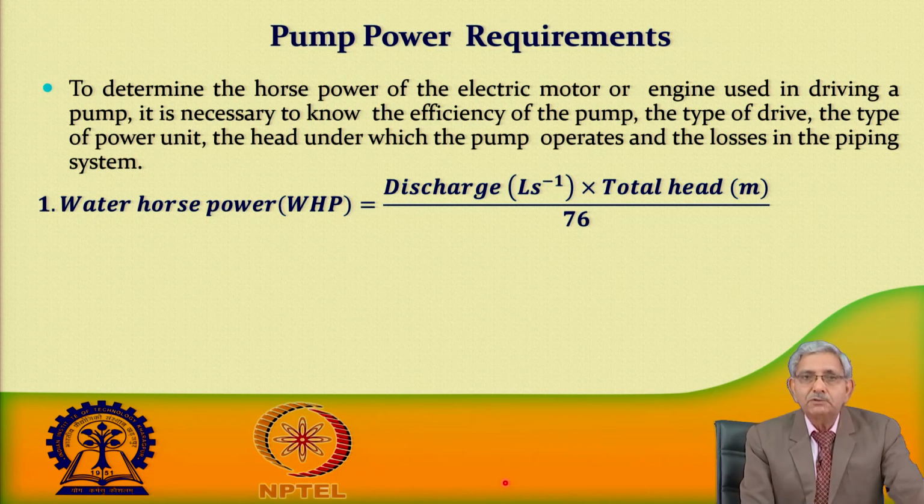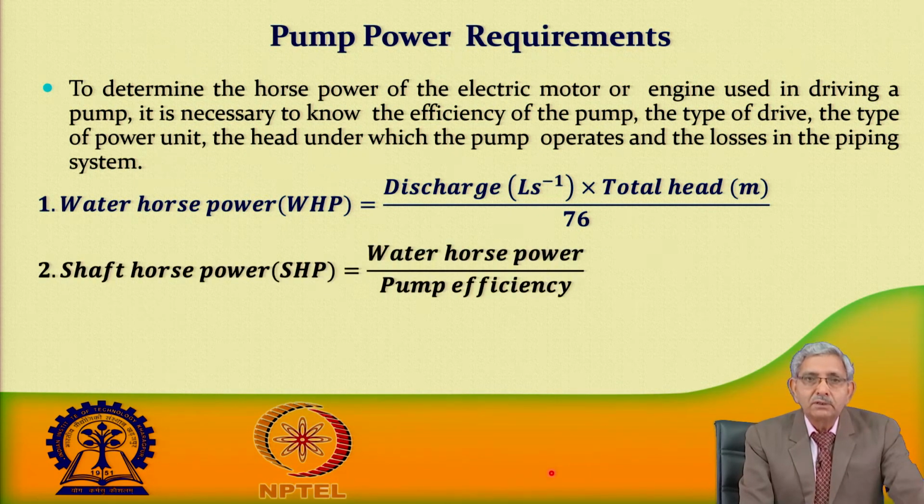Water horsepower of a pump is given by discharge in liter per second multiplied by total head divided by 76. Shaft horsepower is given by water horsepower divided by pump efficiency. Normally pump efficiency is in the order of 60 to 65%.